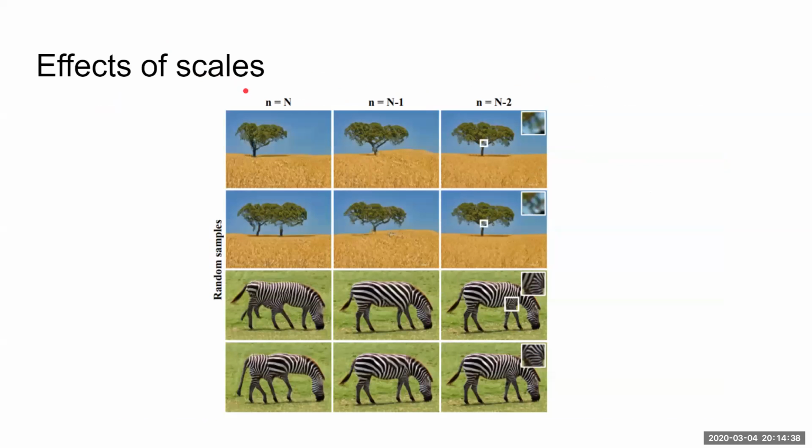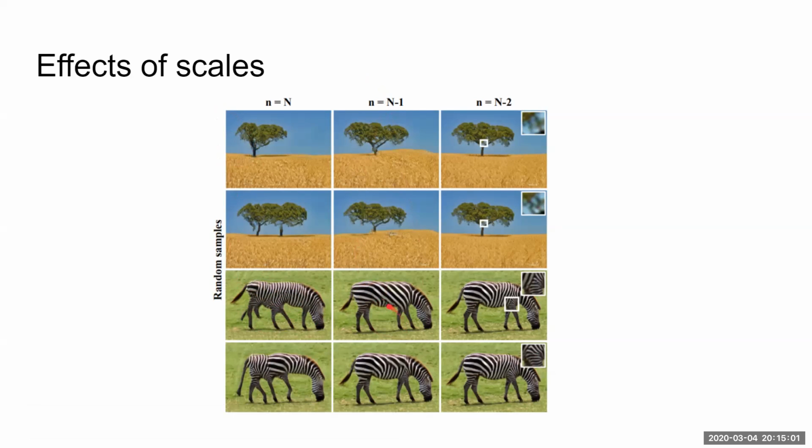So, effects of the scale. Here you can see if we use n scales, sometimes there are weird things going on, like you can see in the zebra example.